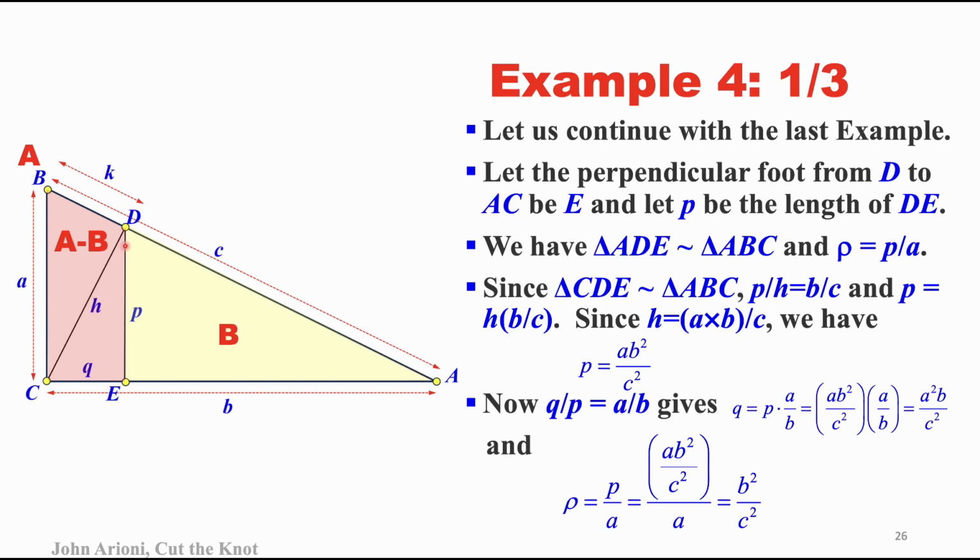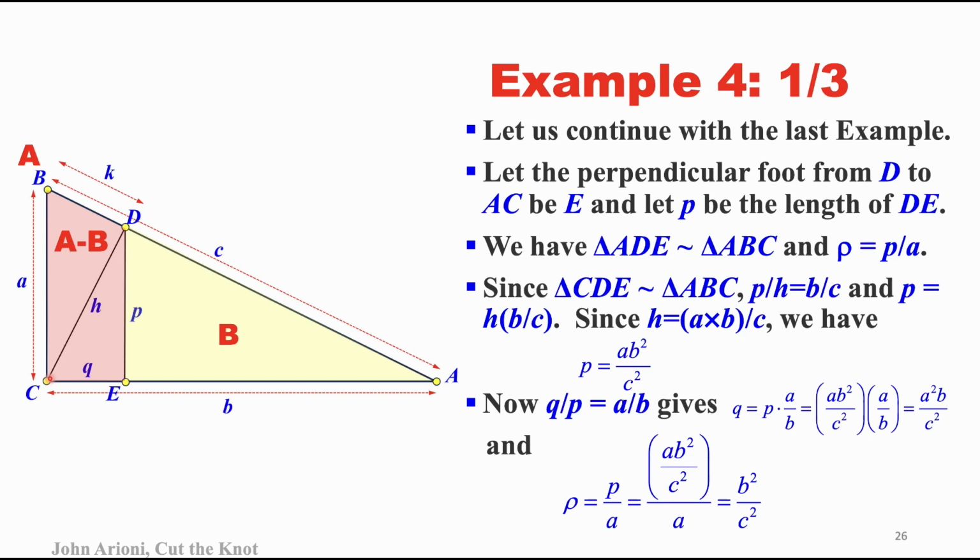Now we name p to be DE, q to be CE. Because the triangle ADE is similar to the triangle ABC, rho is simply p over a.